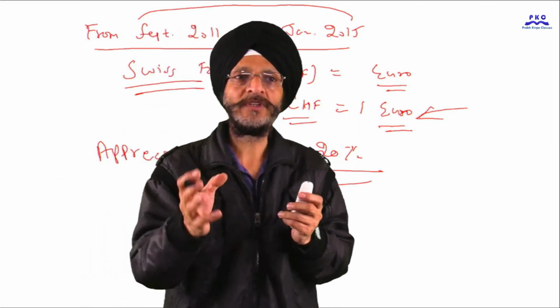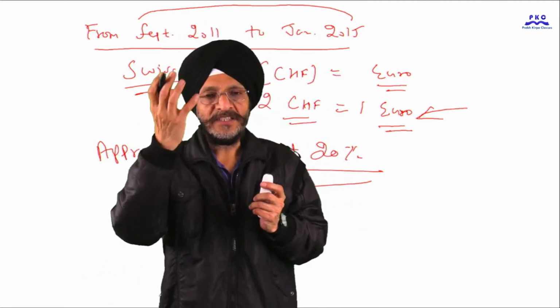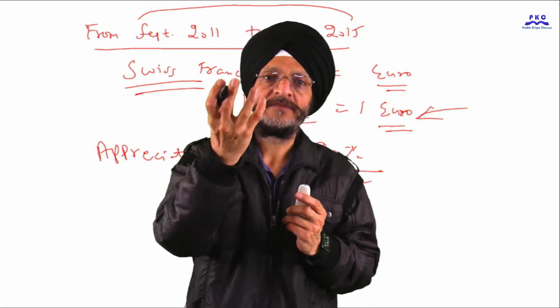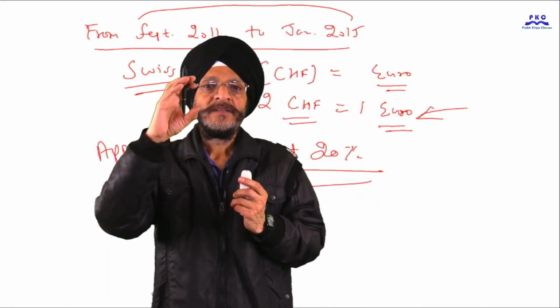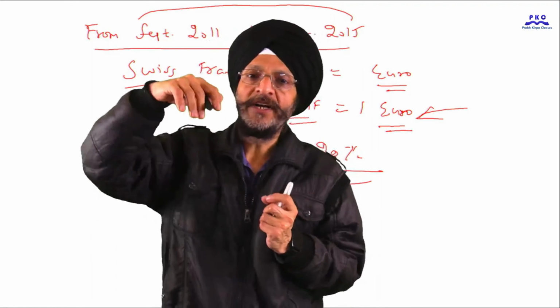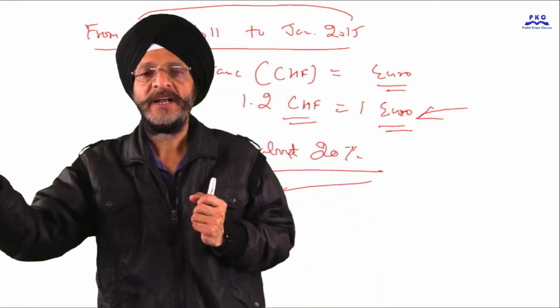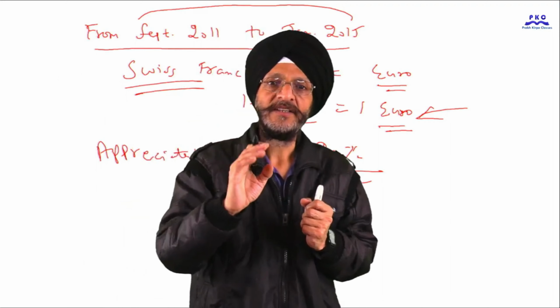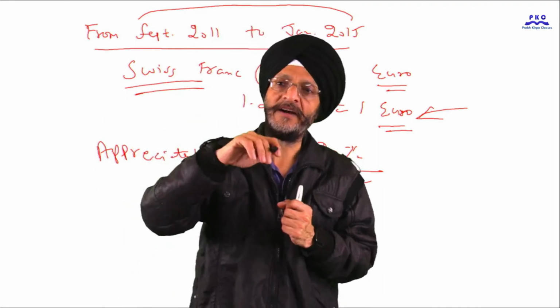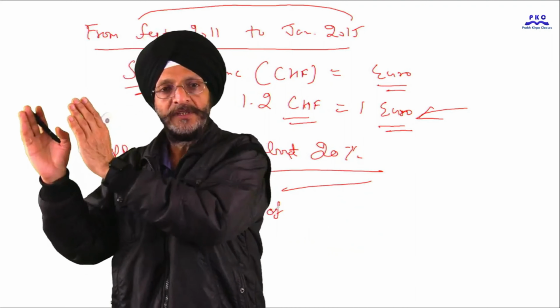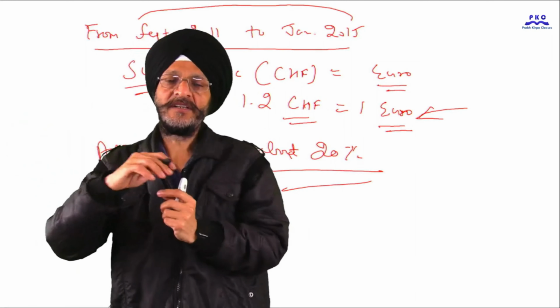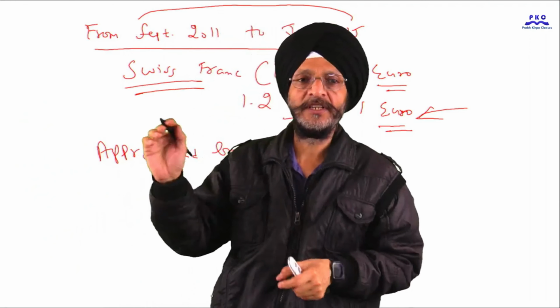So, you have understood that when the currency of a country appreciates, it makes the goods expensive for the foreign buyers, and it also adversely affects the exports of that country and also the jobs of the sectors involved in exporting the goods.